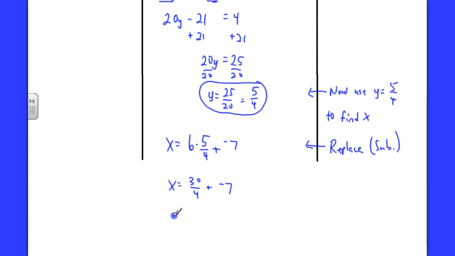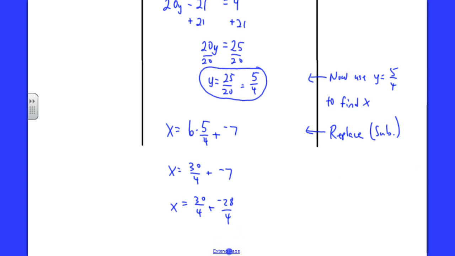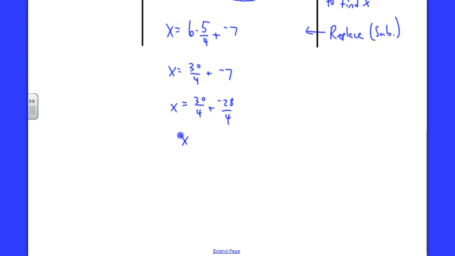To add my fractions here, I have to get a common denominator of fourths. I have 30/4 plus -7 times 4 is -28 over 4. So we add those together. x is equal to 30 plus -28 is 2. The denominator is 4. So x is equal to 1/2.